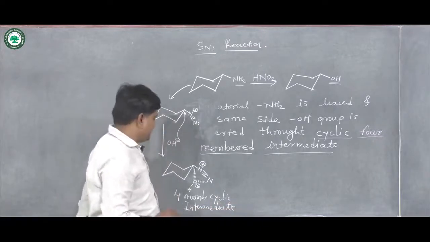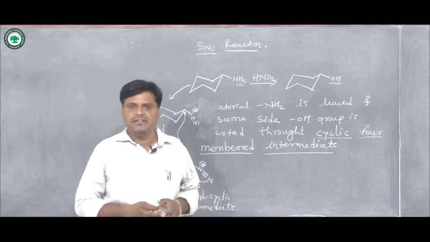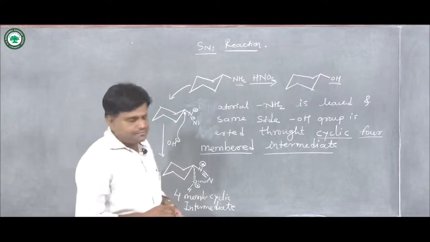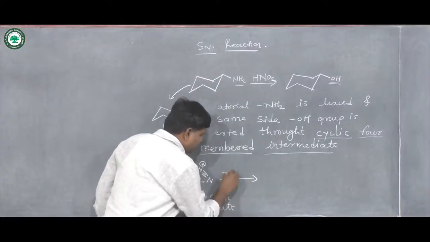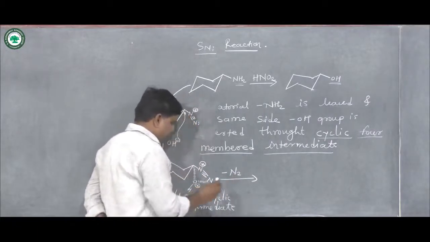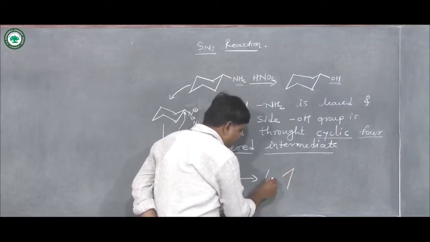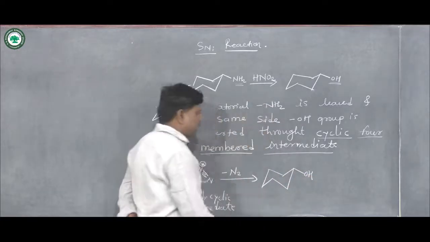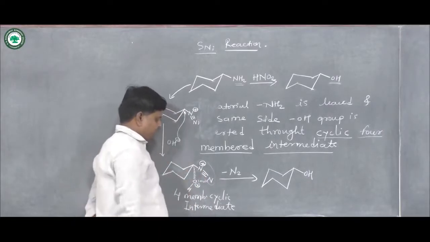That intermediate is very short-lived, so it will get converted by losing N2, nitrogen gas, and we get the final product, cyclohexanol, by removal of this nitrogen.